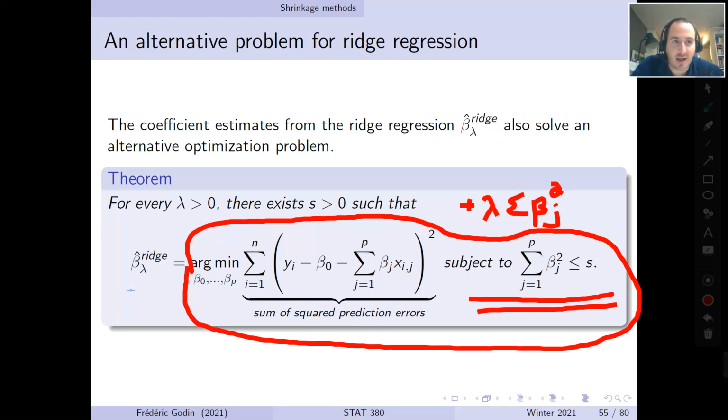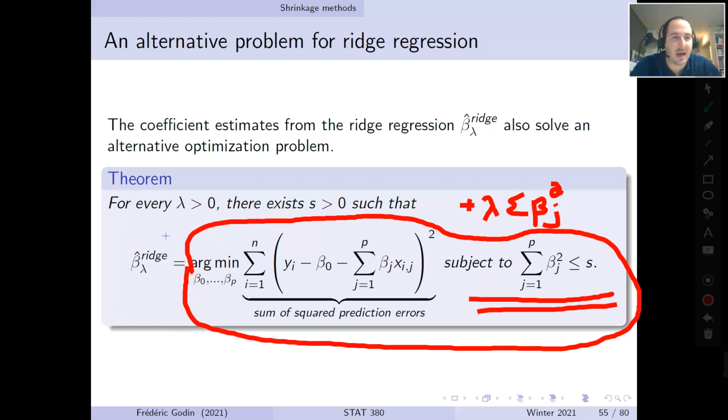Okay, so for each value of s here, there will exist a lambda such that the solution to this is beta ridge regression with parameter lambda, and vice versa.